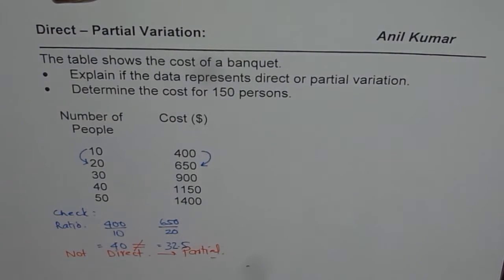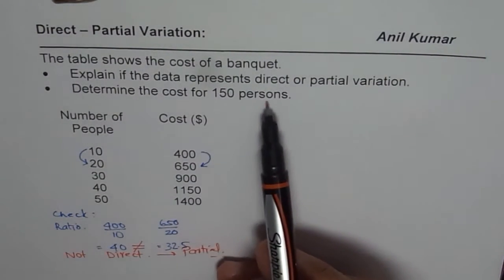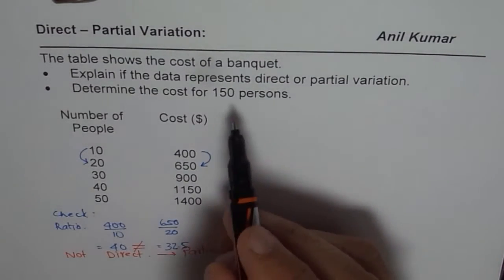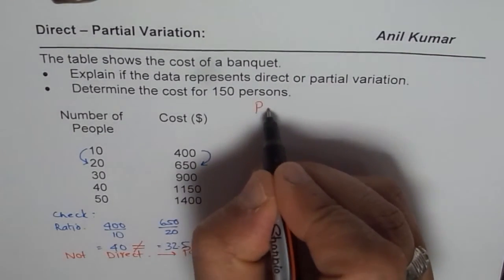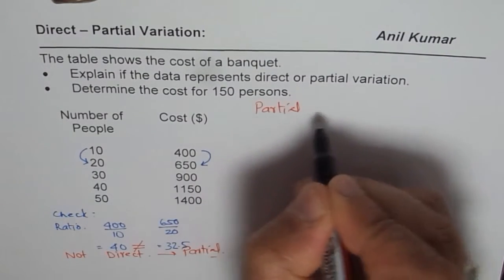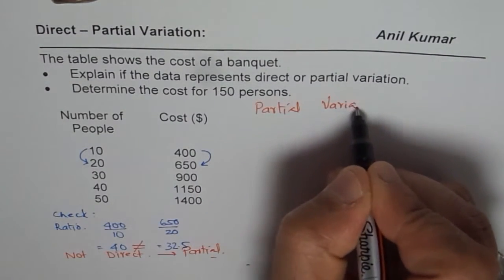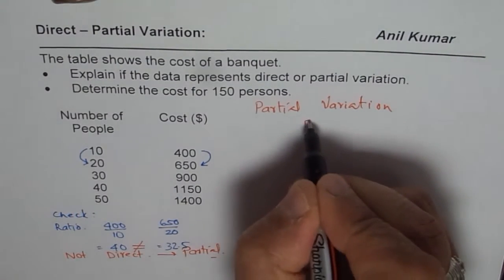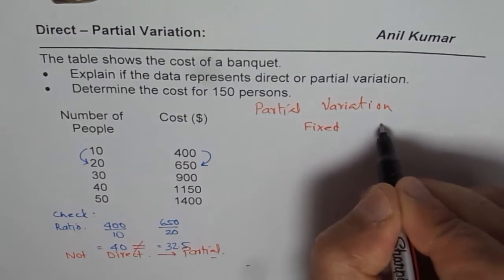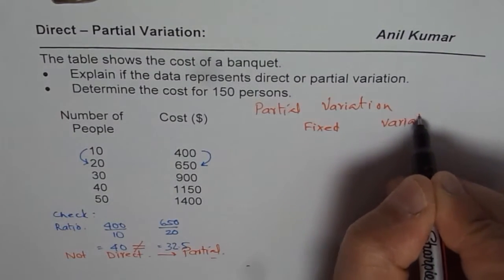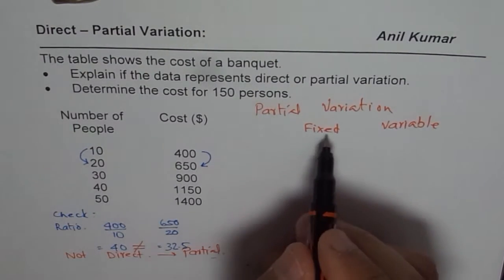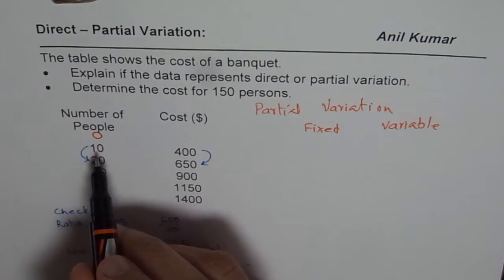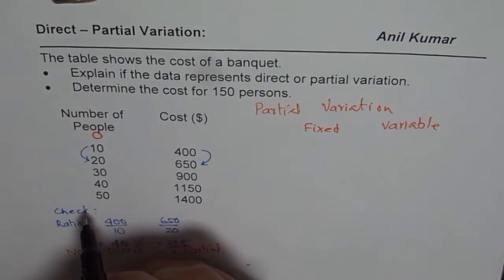Now, how to find the cost of 150 people from this equation? For partial variation, we need to find the fixed cost and variable cost, so there are two costs involved. Fixed cost is when the persons are zero. If there are no persons, how much should it cost?